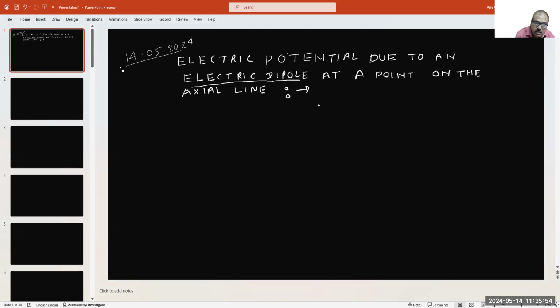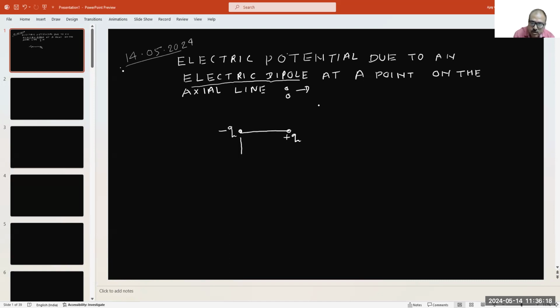Suppose that at one point there is a minus charge here, and we have drawn a dipole having a positive charge. It is a system of minus and plus point charges separated by a certain distance.